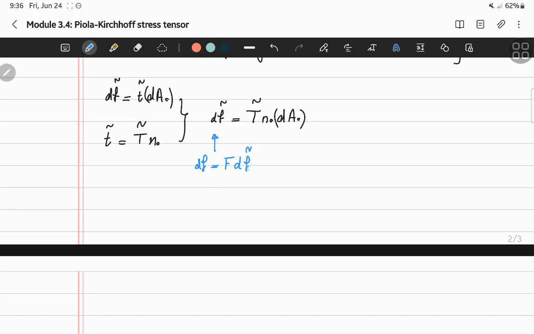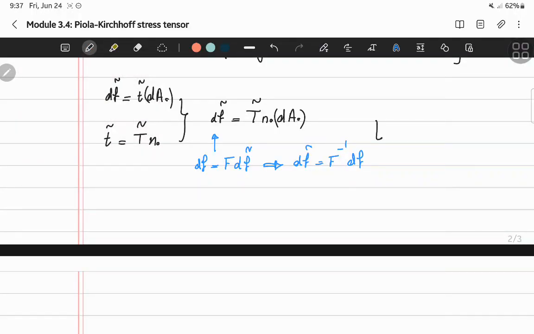And if I want to replace df tilde with df, F inverse df is equal to F inverse F df tilde, then this becomes I, so this becomes df tilde. Therefore, df tilde is equal to F inverse df.